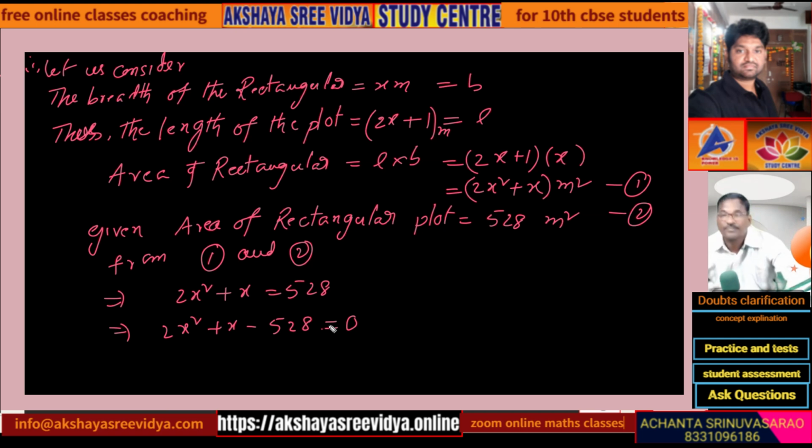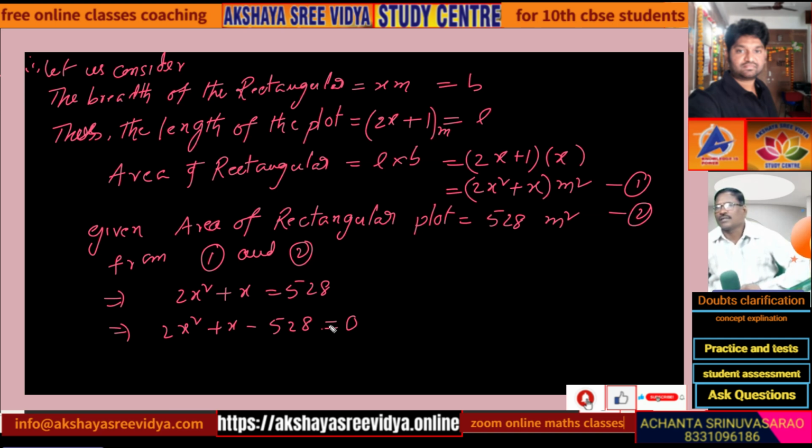Okay. The breadth of the rectangular plot, let us consider x meters, and the length of the plot is 1 more than twice the breadth. Area of the rectangular plot, what is the formula? Length into breadth: (2x plus 1) into x, that is equal to 2x square plus x.